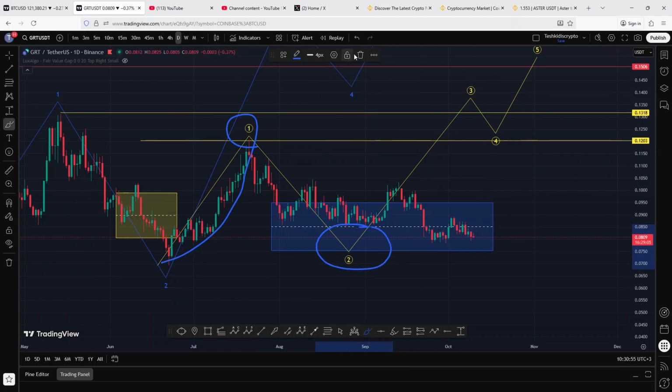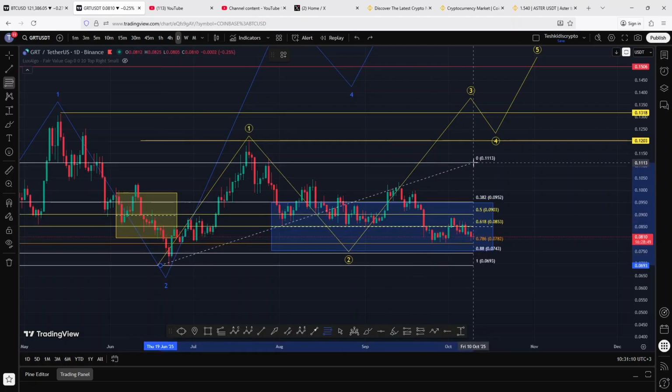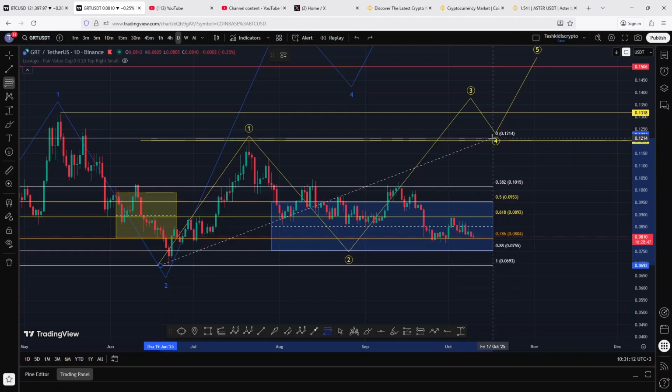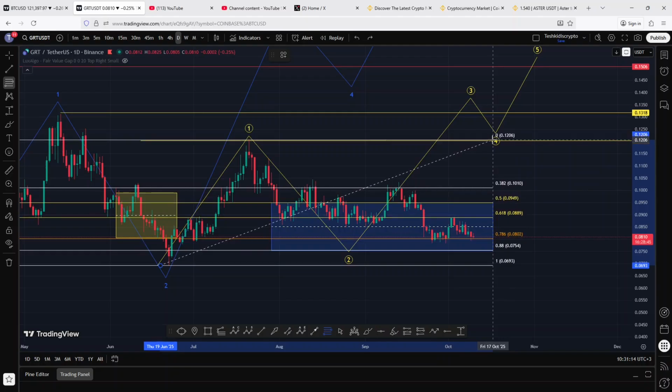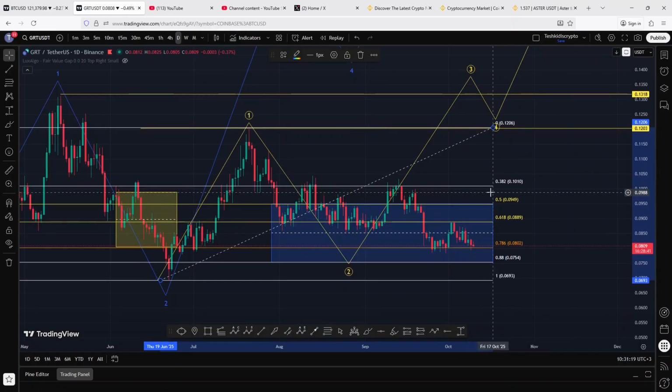And in this second wave, I have been expecting it to hold within Fibonacci key areas of supports, which were given by connecting the fibs from the lows we made in the formation of that first wave all the way to the highs we made in the formation of that wave 1. And you can see that my target area is between the fib level 0.5 and the fib level 0.88 as a maximum target area. And that is an area that we are just about to fully maximize.